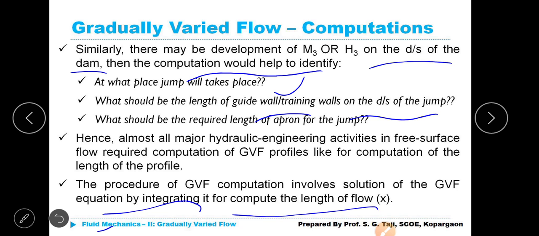So the computation has to be done to understand the total length of the profile which is occurring, and with respect to which type of profile is occurring, whether in zone 1, zone 2, zone 3, etc. That tells us whether the CDL is below the NDL or the NDL is below the CDL. However, both will be above the bed of the channel slope. Remember that, it cannot come below the bed slope because it becomes subsurface.